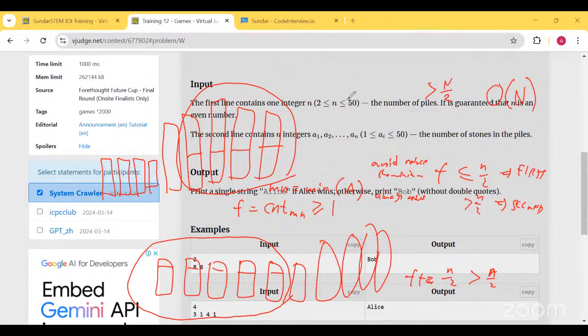If the given n is big and the given a is big, then the participant will find the O(n) solution. All right. But if n is small, the participants will find some brute force solution.